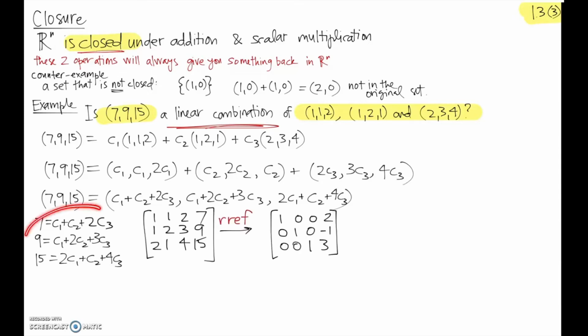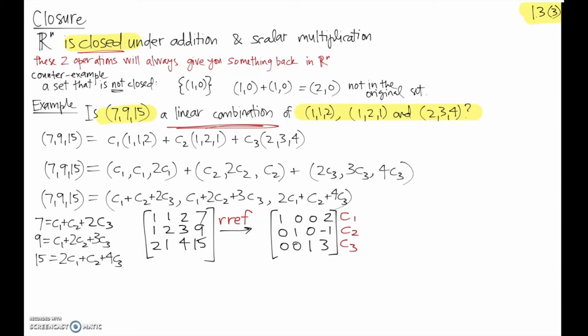I've put this system of equations into a matrix and then had my calculator do the reduced row echelon form, and this is what I got out, which is awesome because I can see that we have a solution. Here's our C1, here's our C2, and here's our C3 just sitting here.